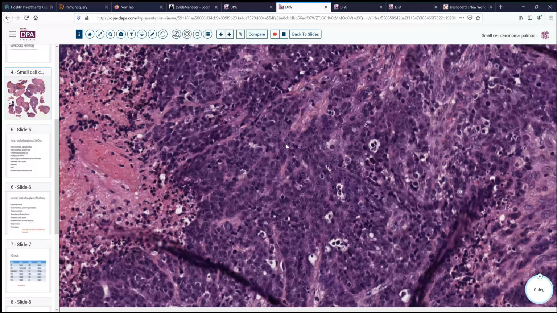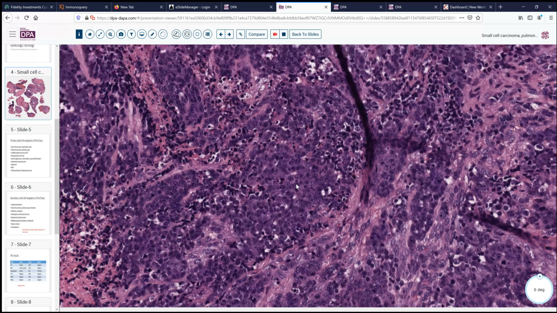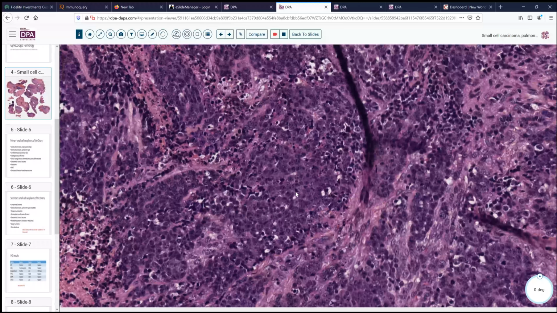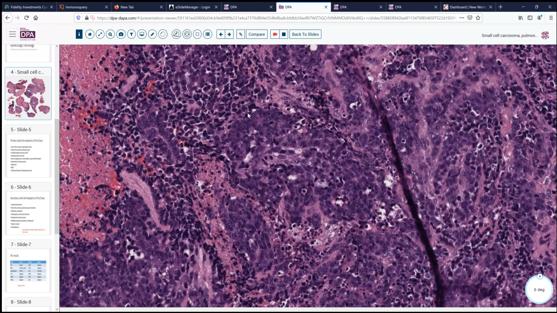Here you can see the chromatin is rather granular, a little bit of central nucleoli noted here.